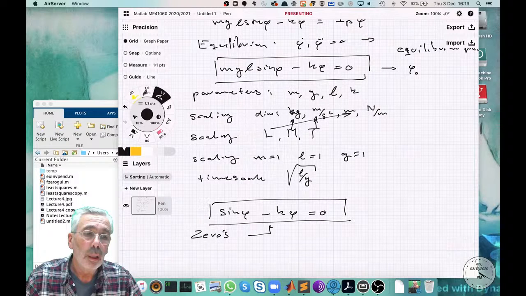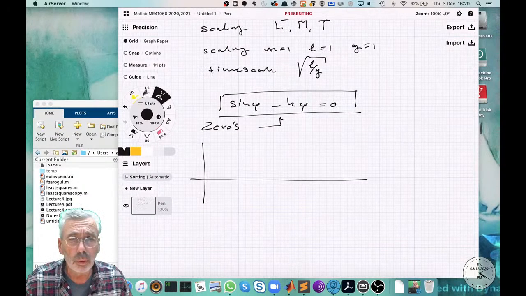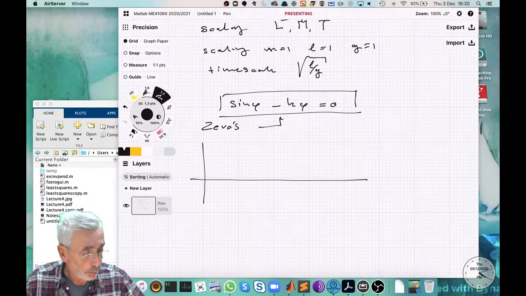So we can draw two graphs. We can draw the sine graph and the k-phi graph, and all the points where they are identical, that is where this holds. You could also say, sine phi equals k times phi. So this was the gravity torque is equal to the spring torque. That makes sense. So that's the restoration torque, and this is the gravity torque.